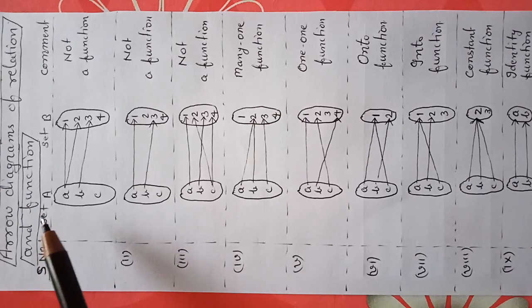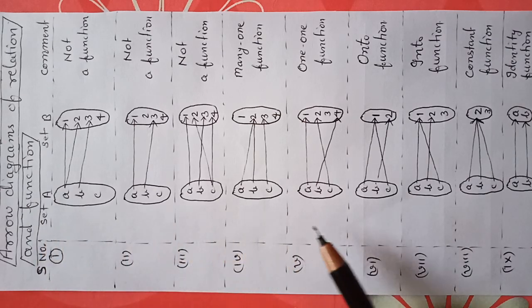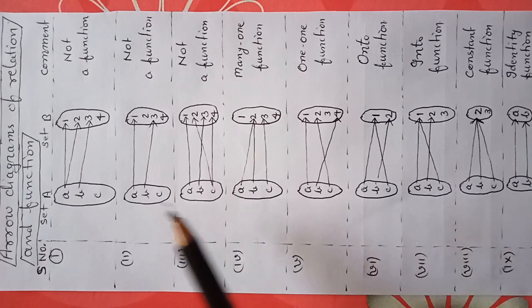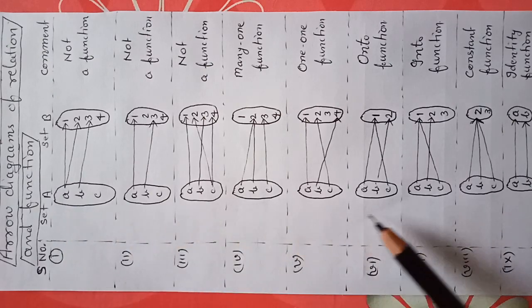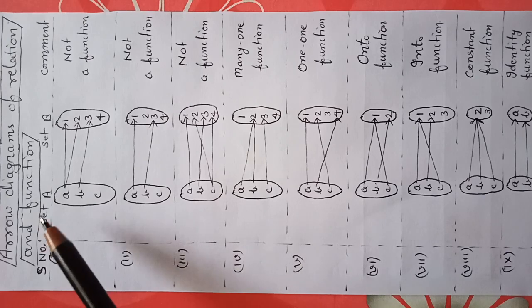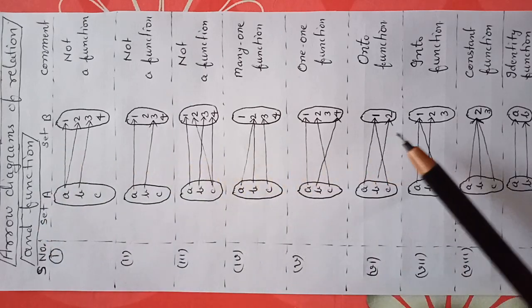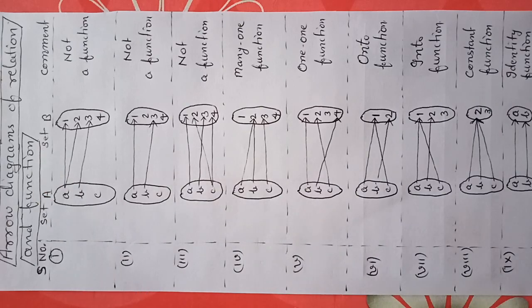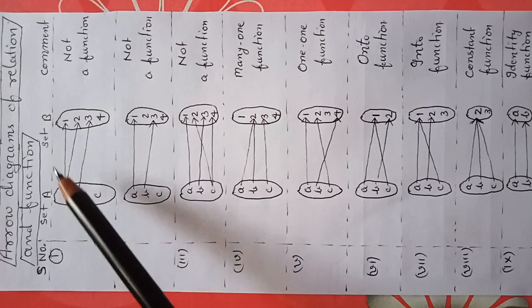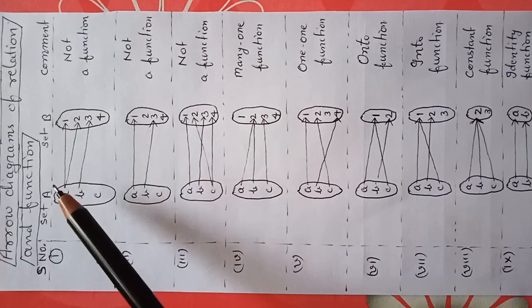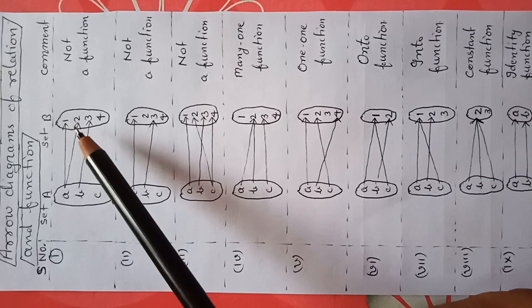Here the first diagram, the first set represents the set A and the second set represents the set B. In the first example, what do we notice? A is associated with 1 as well as 2.